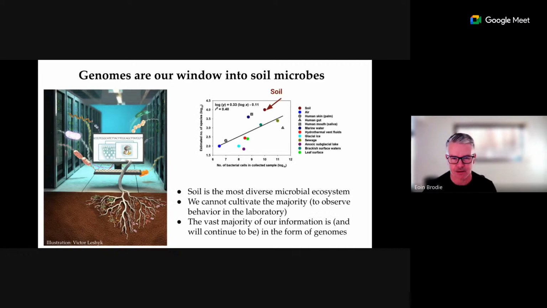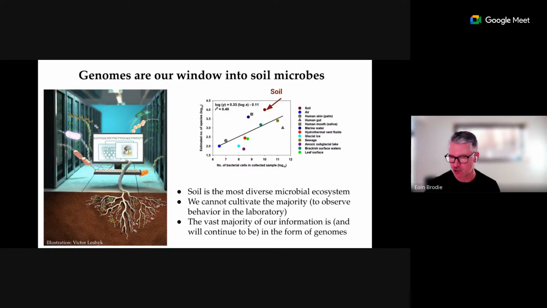And this is complicated. This plot here shows that soil is the most diverse microbial ecosystem. This is a plot showing the estimated number of species relative to the number of cells in a sample. If you contrast that with the gray colors here, like the human gut, for example, this is a far less complex environment. Why? Because it's much more stable. It's a more controlled environment.